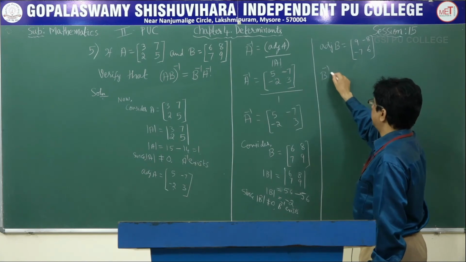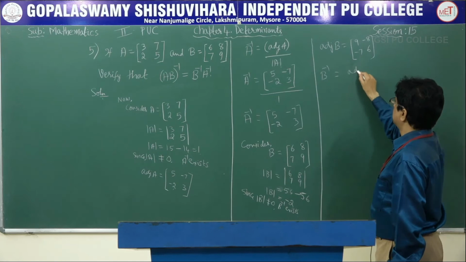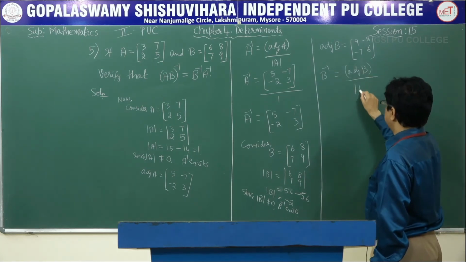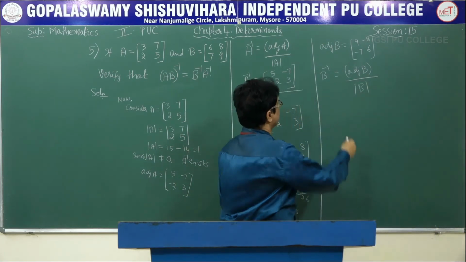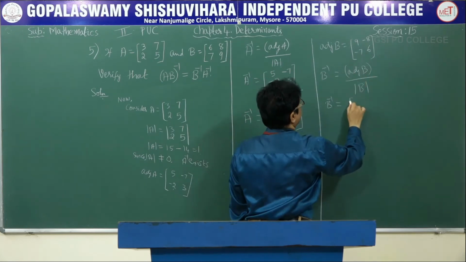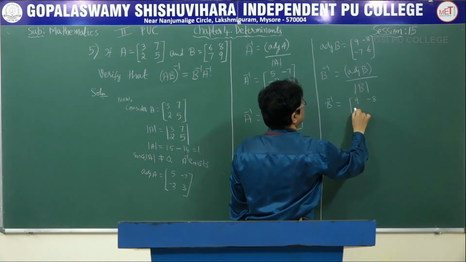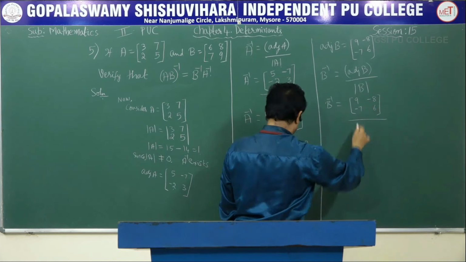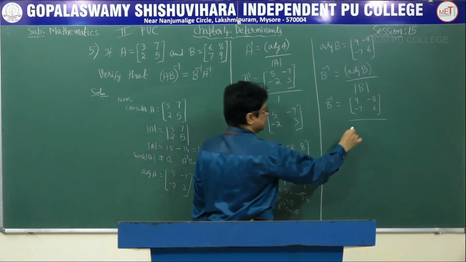Let us find B inverse. So B inverse is equal to adjoint B by determinant B. So B inverse is equal to adjoint B, which is nothing but 9, minus 8, minus 7, 6, divided by determinant B. So determinant B is minus 2.